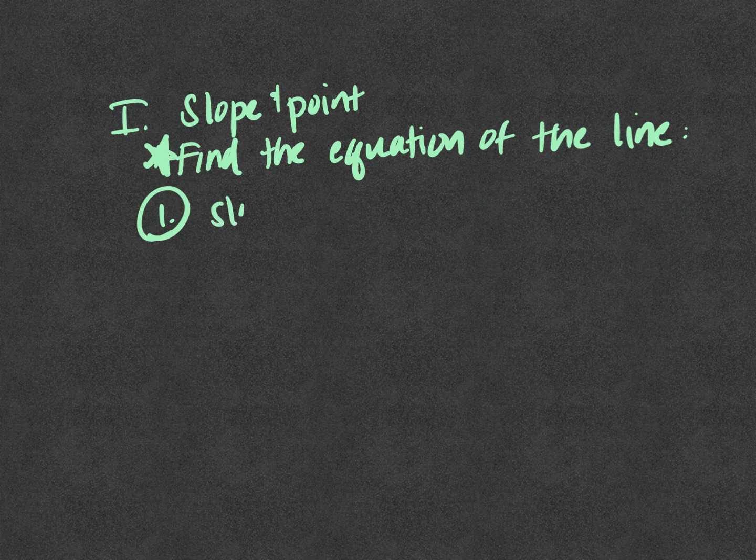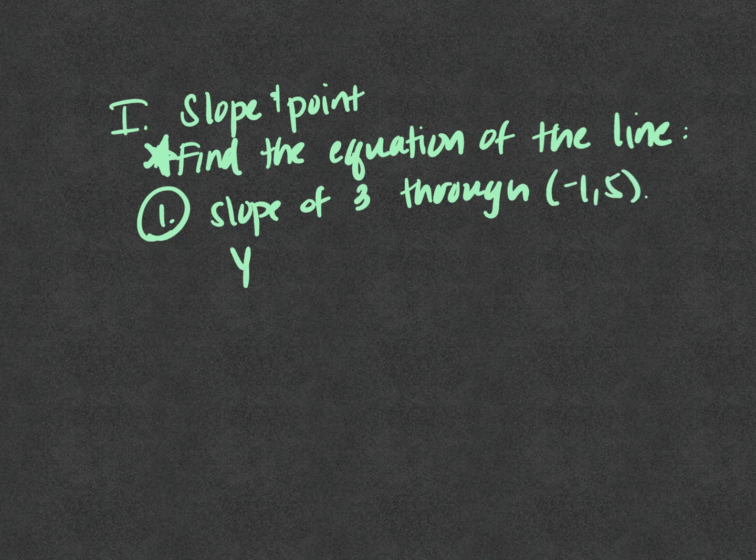Number one, we're given a slope of 3 and through the point negative 1, 5. So let's use that point slope form. y minus y1 equals m times x minus x1. It's important that you write the formula every time you use it because it'll help you learn it. So before we start, let's label this.